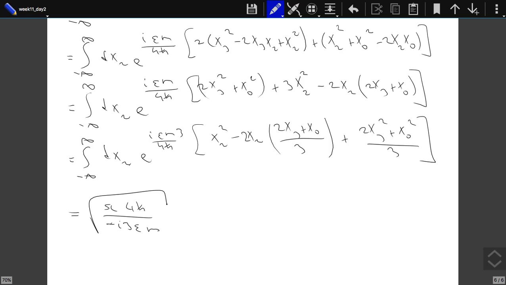I have terms that do not depend on x2, e to the power i 3 epsilon m over 4 h bar times twice x3 squared plus x0 squared over 3. And well, I just add and subtract twice x3 plus x0 over 3 squared.